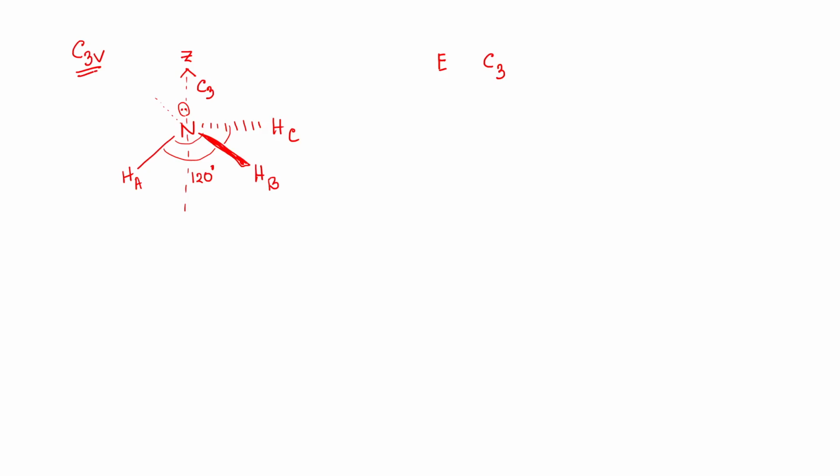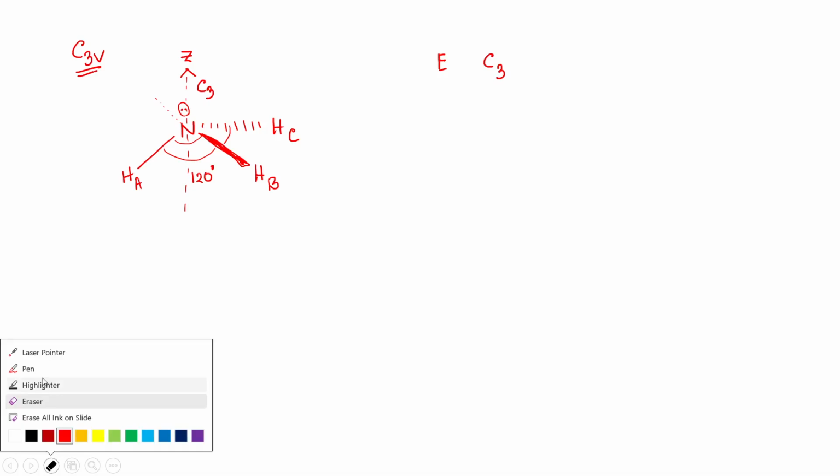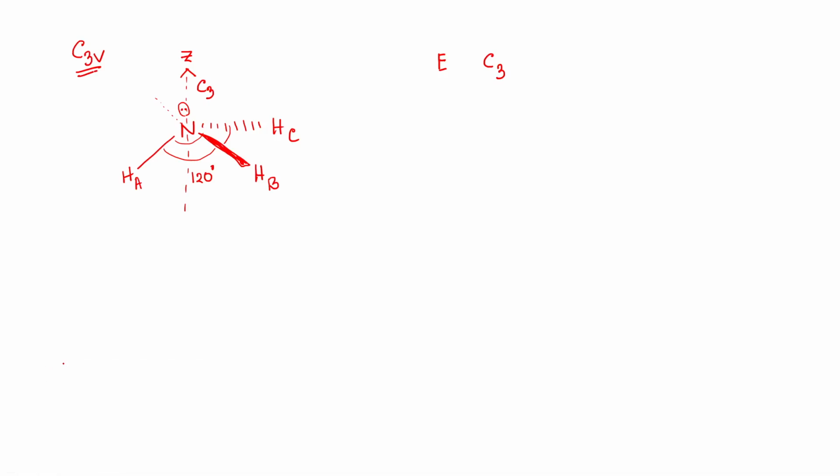I don't think so. It will be somewhere out of the plane, something like here. So do you still think C2 is there? Actually, you are thinking in a correct way, but it is not a C2 rotational axis. Think in terms of a plane.